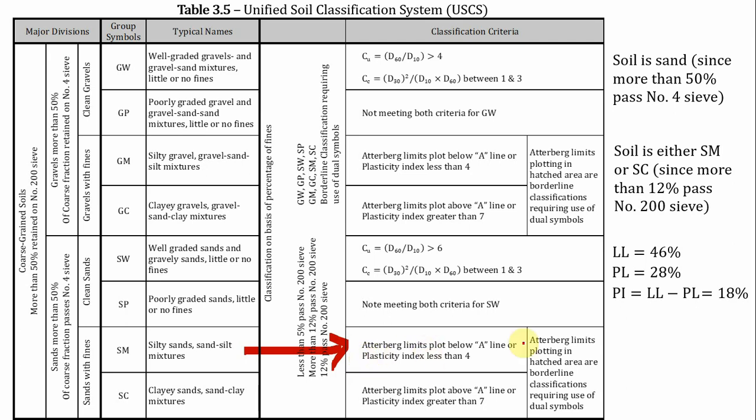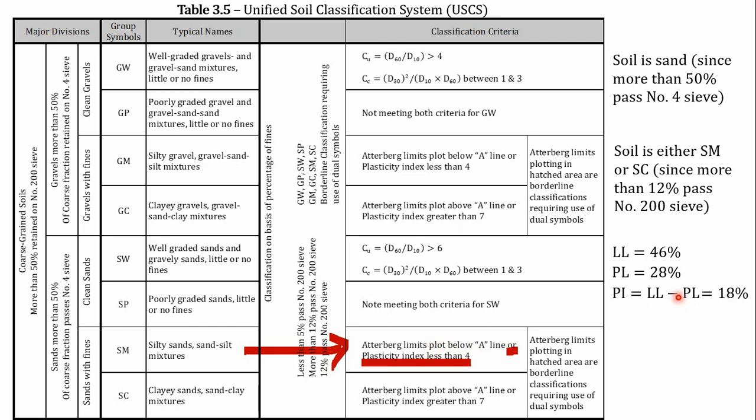Kasi from the word "or," pwede ka lang magpili sa dalawang yan. Para maiksi yung solution natin, dito na lang tayo titingin kasi direct na yung classification niya. It should be plasticity index less than 4%.